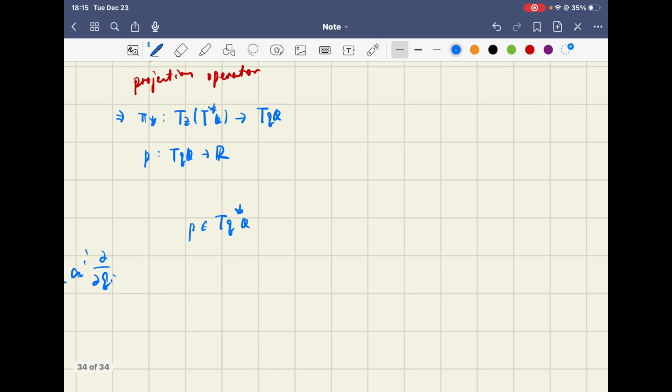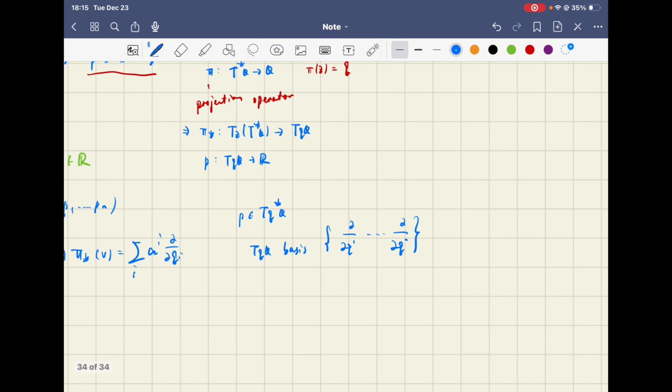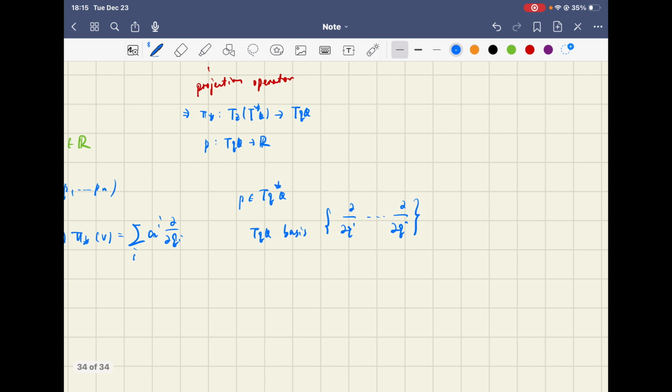Since the basis for TQQ is obviously this, the dual space, as I just mentioned, must project the basis to a real number as well.